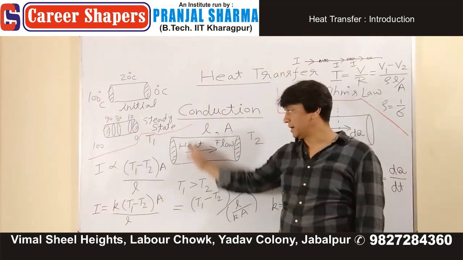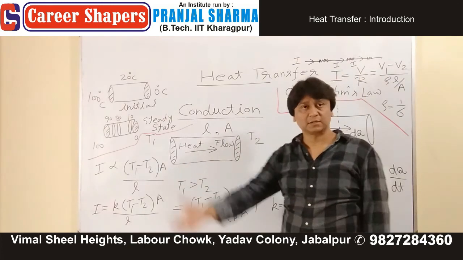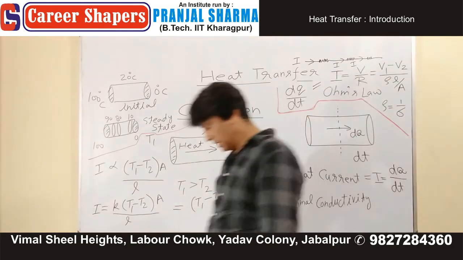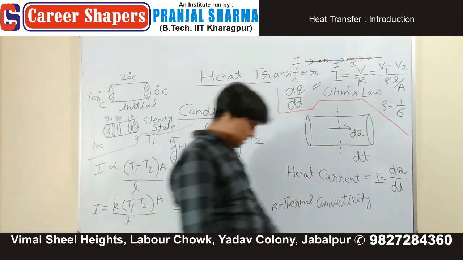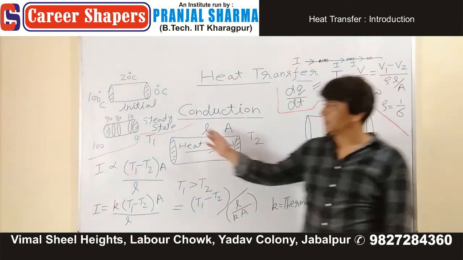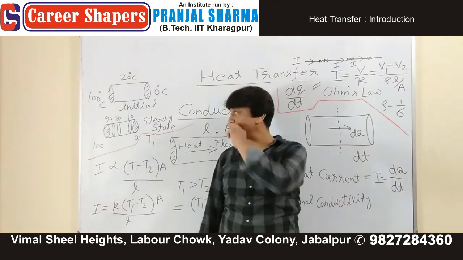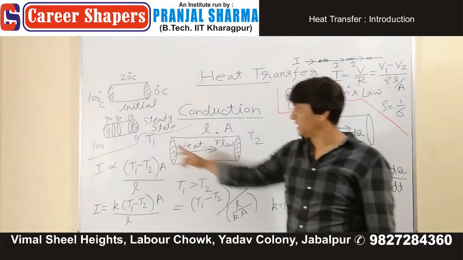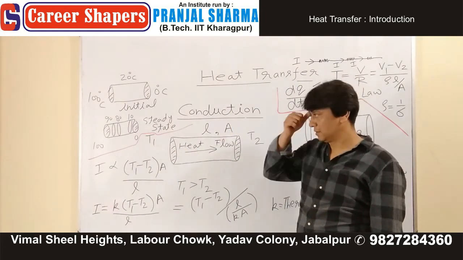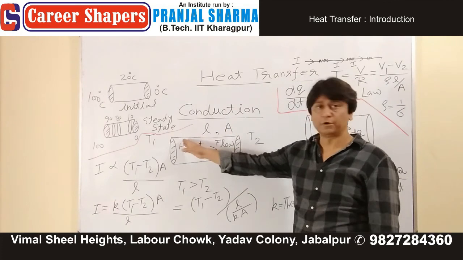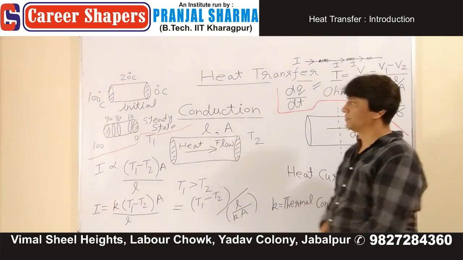At steady state, every cross section acquires its temperature depending on its distance from T1 and T2 ends. Whether you are closer to T1 or closer to T2, depending on that, it acquires a temperature.